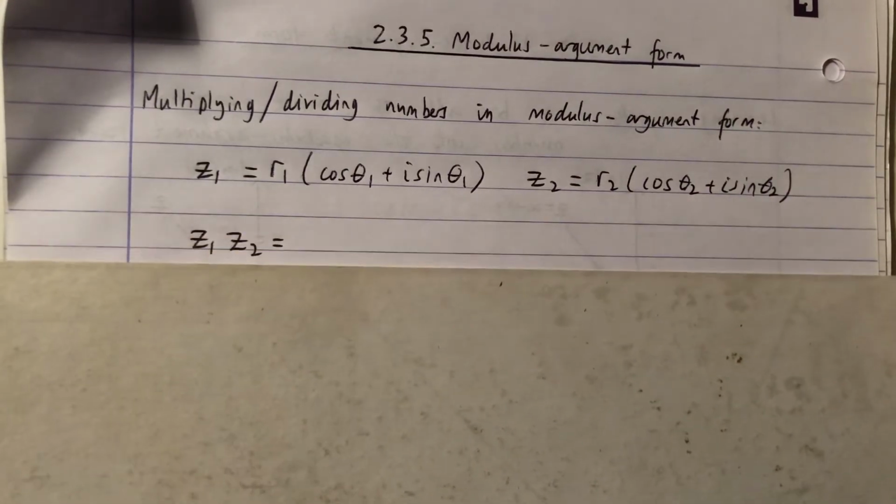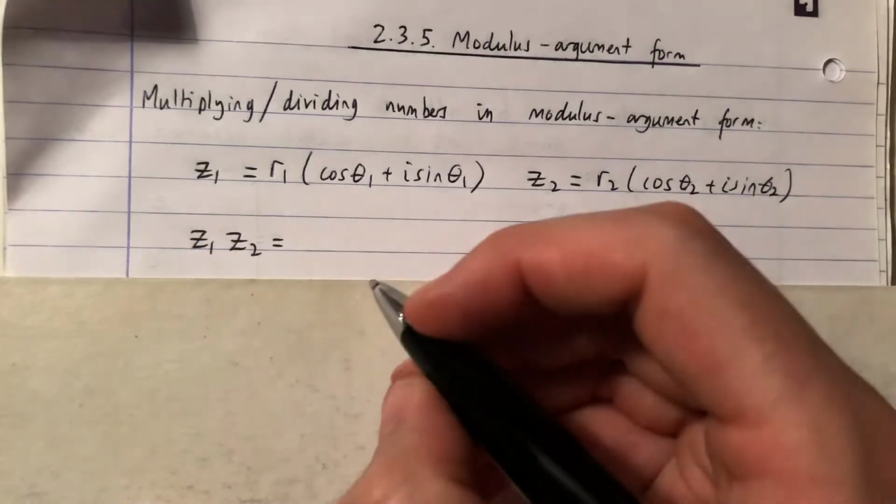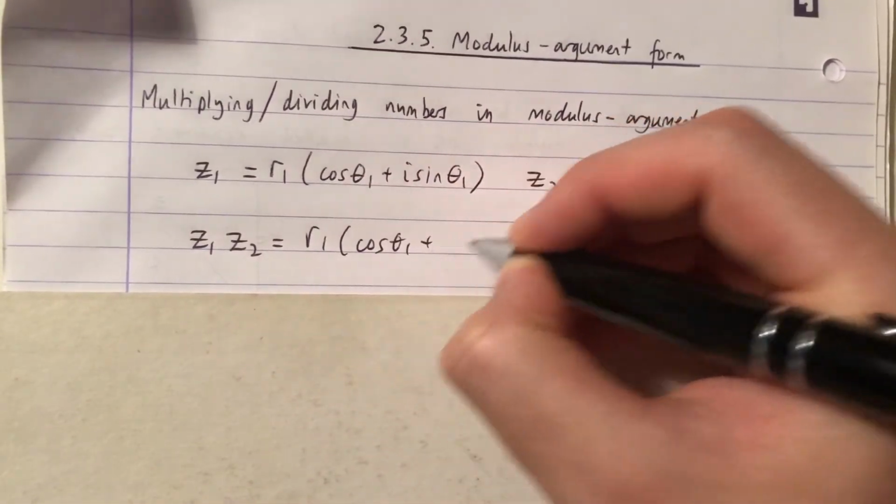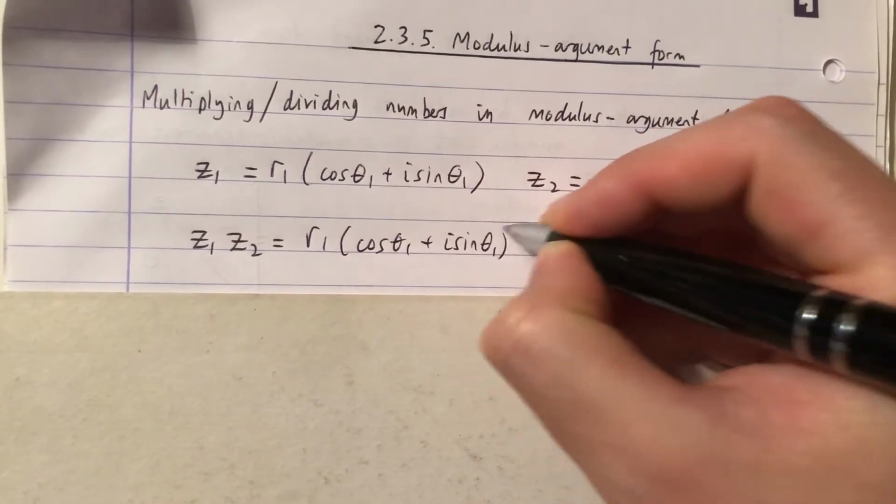Now let's suppose we multiplied these two complex numbers. So you took them both and you multiplied.